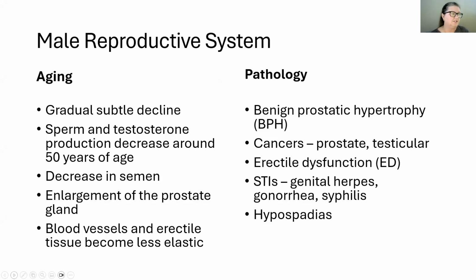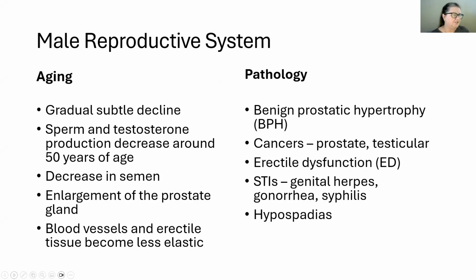The prostate will enlarge for most males as they get older. It's not necessarily a bad thing. It doesn't mean cancer or anything necessarily, but it can cause issues because of where it's positioned and the fact that it surrounds the urethra, which can cause urinary problems.